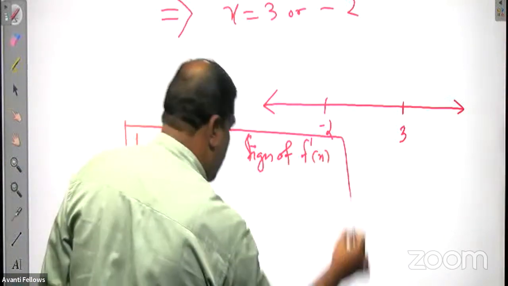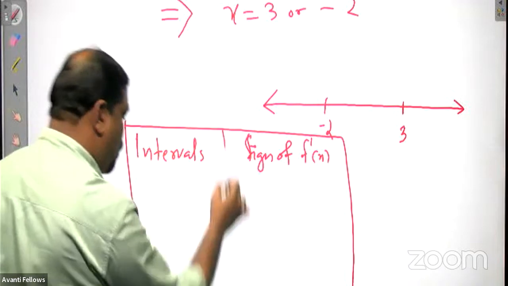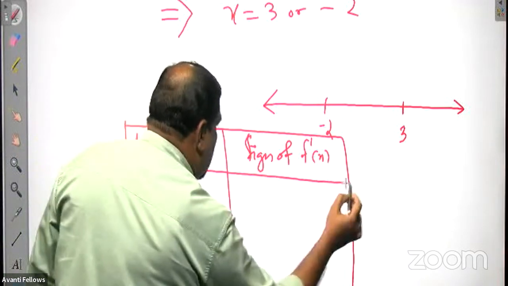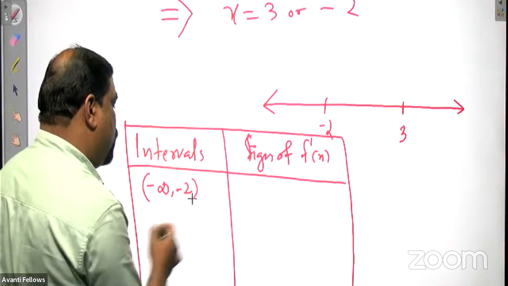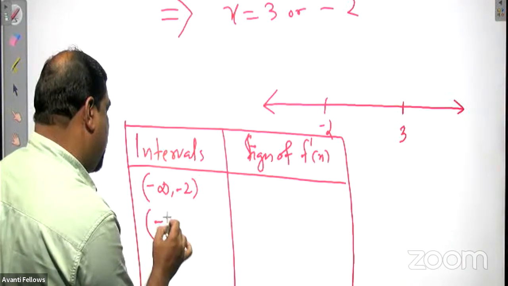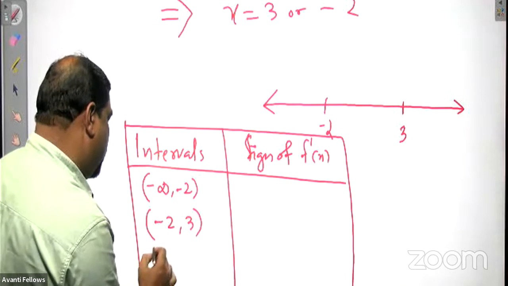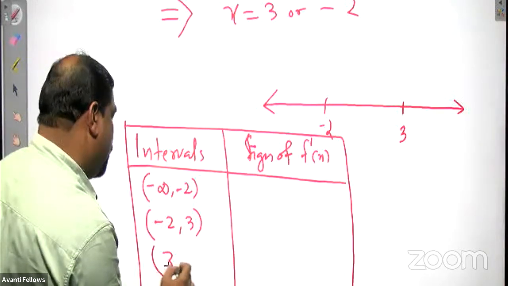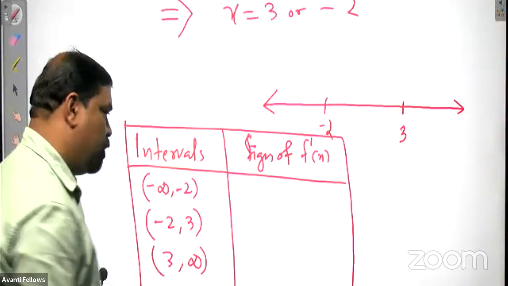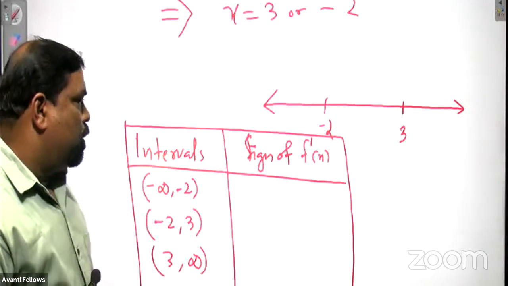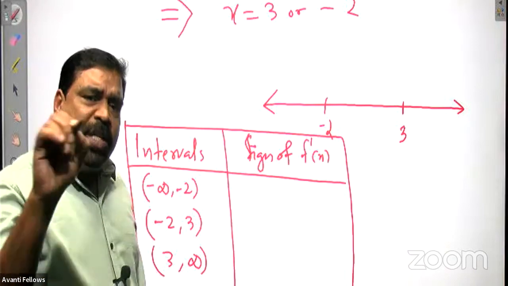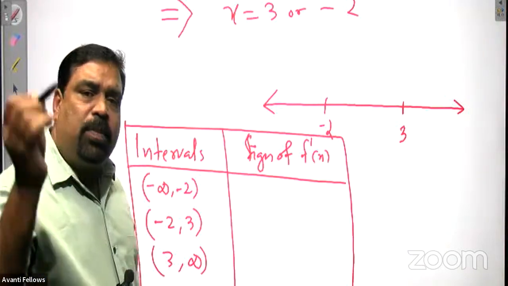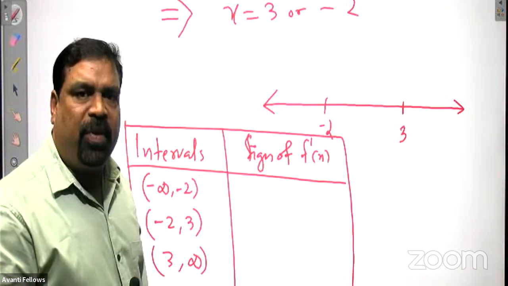Let us make a table with the intervals and the sign of f dash x. The first interval is minus infinity to minus 2, the second is minus 2 to plus 3, and the third is 3 to infinity. Now our task is just to check whether the derivative is positive or negative in each interval.